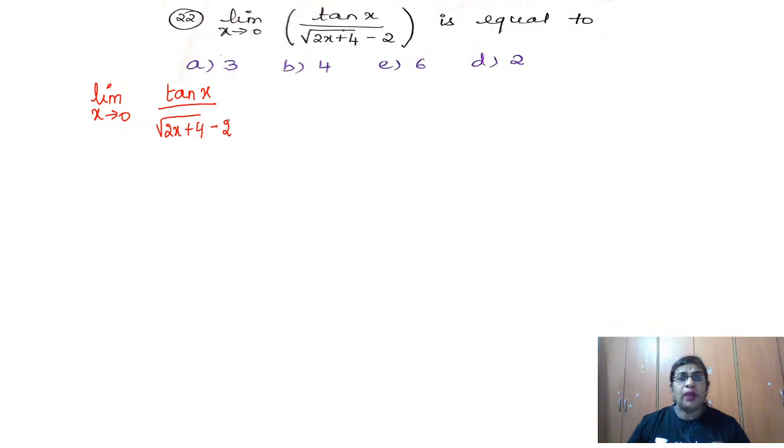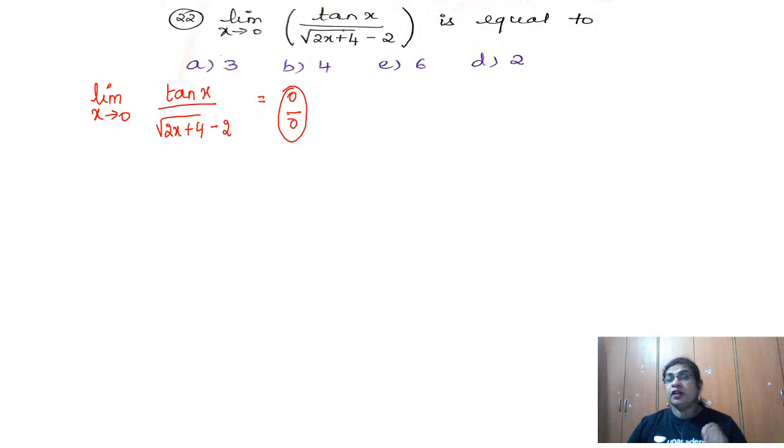So when I substitute directly, let us see what we will get. x is going to 0, so tan 0 is 0. Now come to the root: square root of 2 into 0 is 0, 0 plus 4 is 4, the square root of that is 2, and 2 minus 2 gives 0. So again you are getting 0.